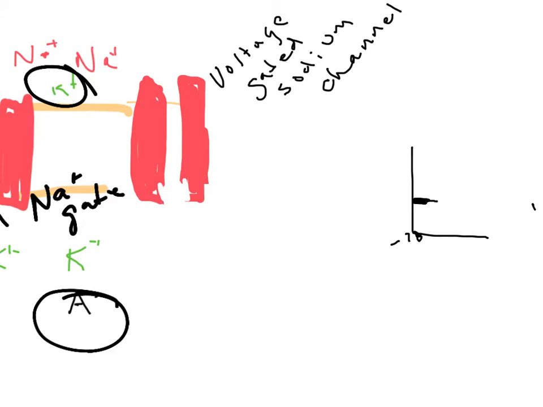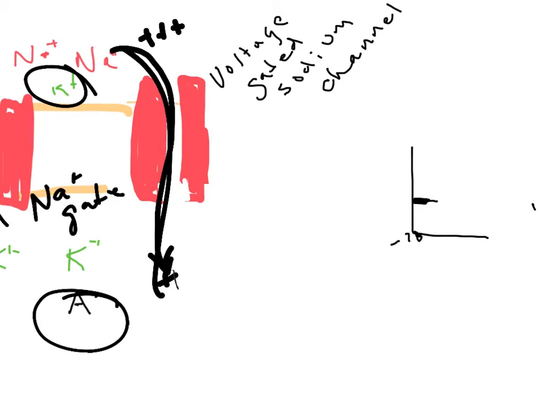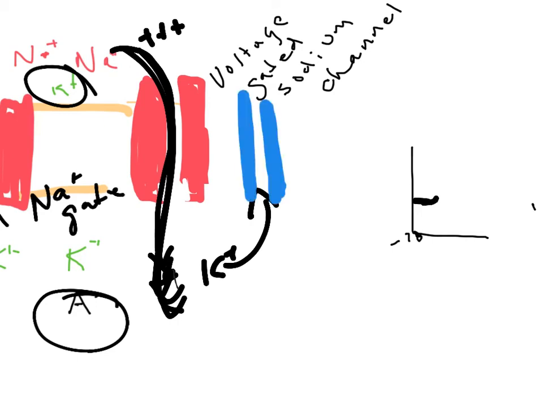And what happens is, because we have a low concentration of sodium inside the cell and a higher concentration of sodium outside the cell, sodium floods into the cell towards the concentration gradient faster than potassium can rush out of the cell through those passive potassium channels. So you have a situation in which sodium is flooding into the cell.